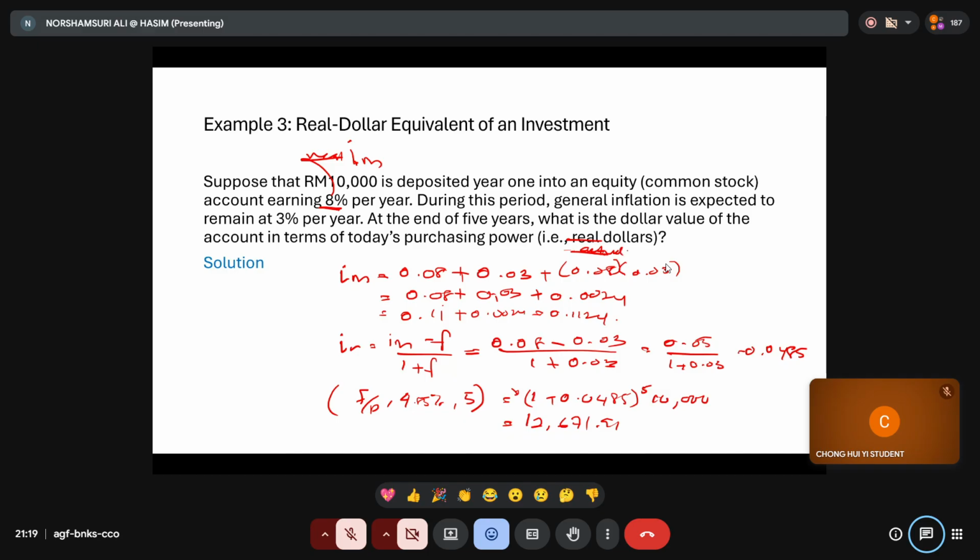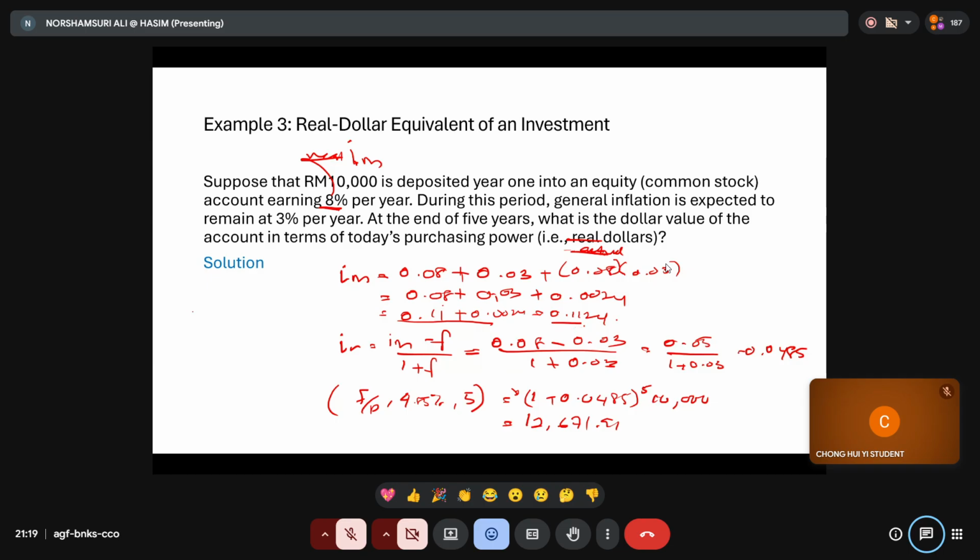In the other case, if you want to have the actual dollar, then you have to put the market value. So for example, this one is 0.1124.